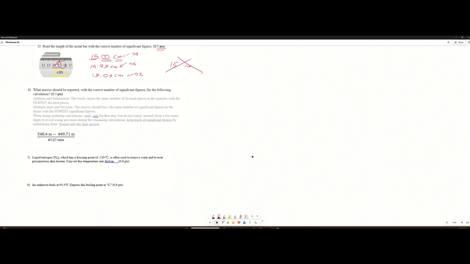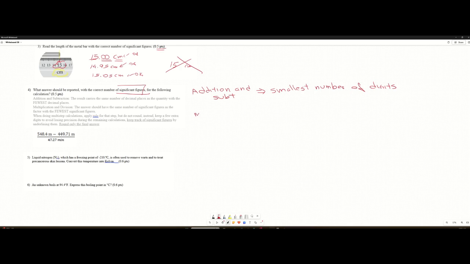Let's go to number 4. Number 4 is also about significant figures like in the first question. But here we have a map. So let's remember, just a kind reminder here. When you have addition and subtraction, we need to look to the smallest number of digits, right?